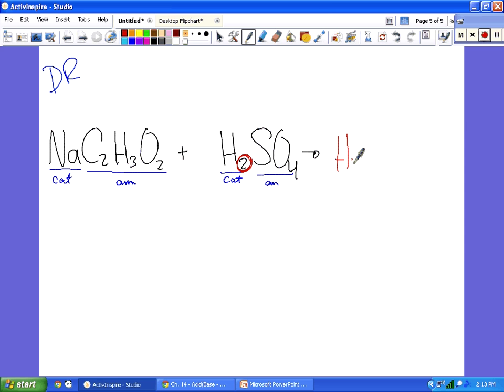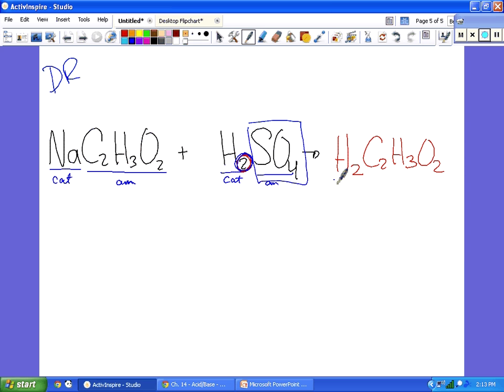Am I going to say, all right, well, there's a 2 there, so it's got to be H2C2H3O2. Do you transfer subscripts? No. Think about this. Where did this 2 come from? Who does it really belong to? It really belongs to sulfate. It doesn't belong to that H. You can't take it with it. It's not his. You have to leave it alone. You have to leave it where it is.